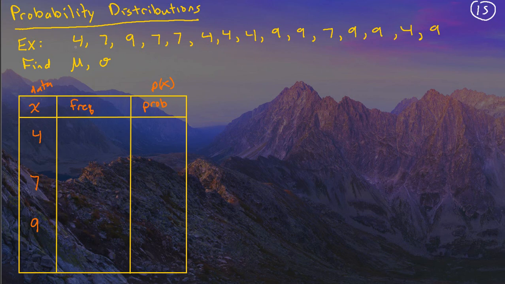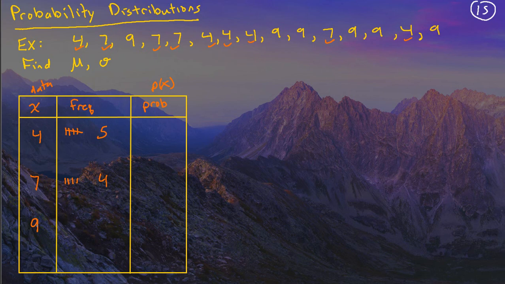So let's take a look. For 4, I have 1, 2, 3, 4, 5 of them. You can tally right here if you want, but I get a frequency of 5. Let's go on to the 7. For 7, 1, 2, 3, 4 7s.